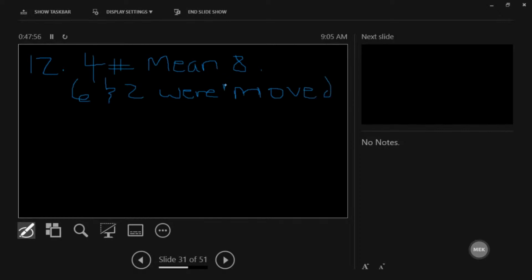They were removed. So what is the new mean? So prior to this, we have been adding numbers. This time, we are removing 2 numbers. Number 6 and number 2 were removed from the batch. So what's the new mean?